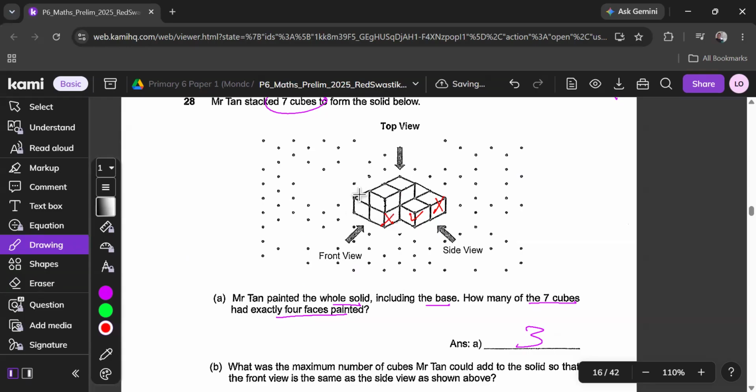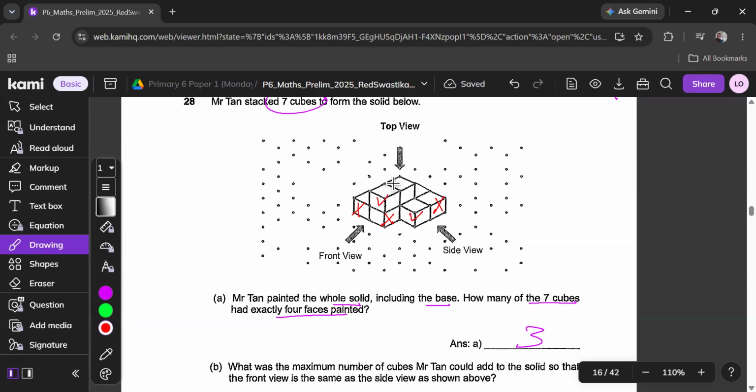How about this cube at the back? You have the front, the right, the top, the behind and the bottom. This cube has five faces painted, so out. Okay, go up to the top cube: top, front, left, and right. So this cube has four faces painted.